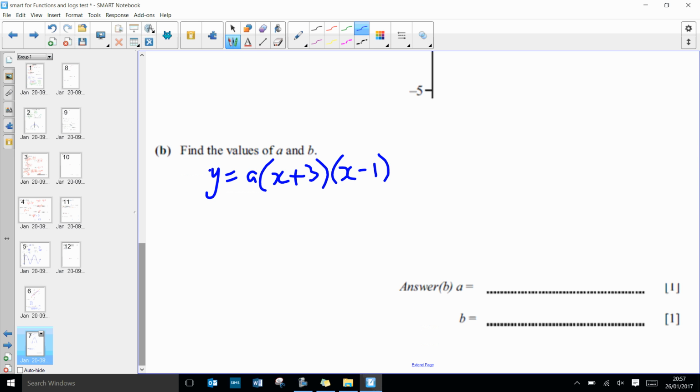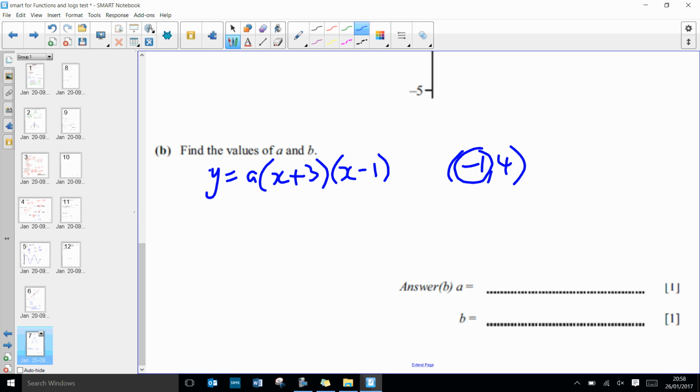Now, in the past, we've often been told the y-intercept, but in this case we haven't, but we have been told the vertex coordinate. So the vertex coordinate is -1, 4. As I said, the -1 comes from the fact that it's midway between the +1 and -3 intercepts.